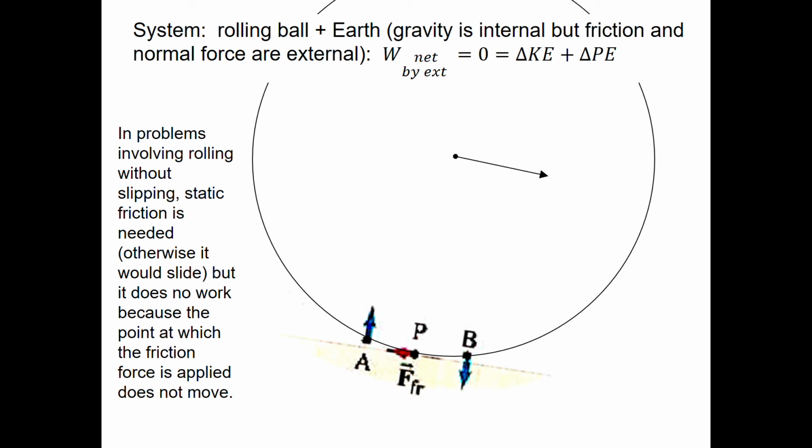The normal force, of course, does zero work. We're already used to that because any motion that we can see is in the direction perpendicular. But now we're finding out that the friction force also does zero work. So if we write down a relationship, the net work done by external forces is equal to delta KE plus delta PE, the net work done by external forces is actually zero in that particular situation.